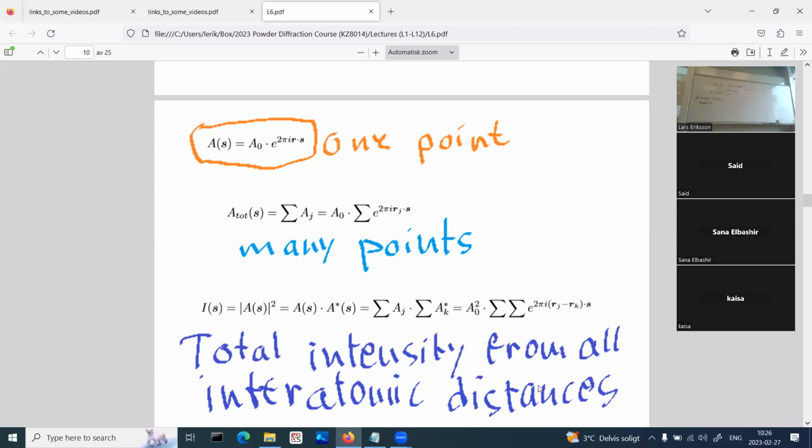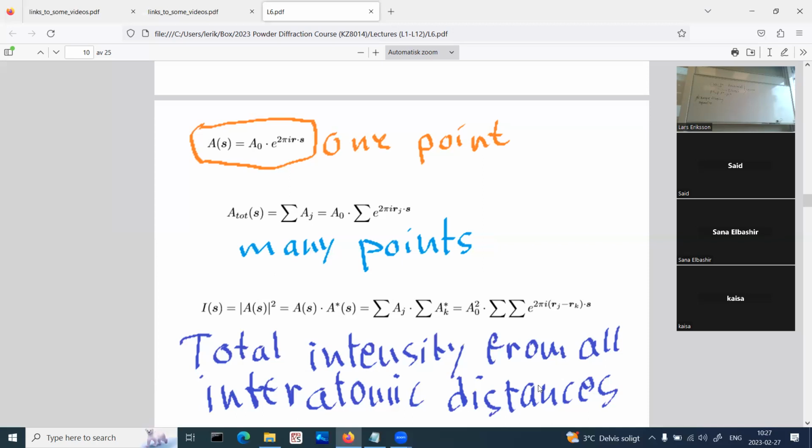Then one realizes that the diffraction pattern is not necessarily dependent on the positions of the atoms, but rather on the difference in positions. All the possible interatomic distances make up the pattern. If there is an atom at J and another atom at K, this gives some kind of value.